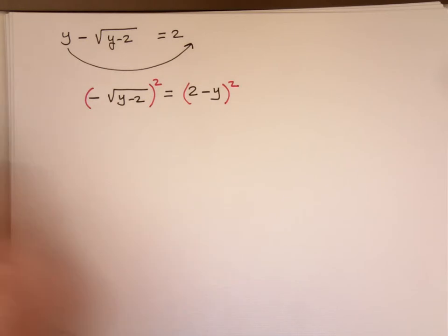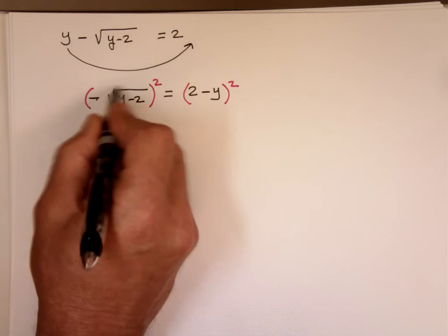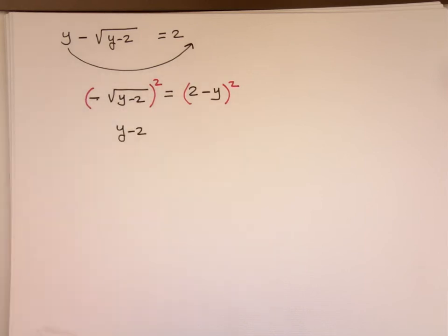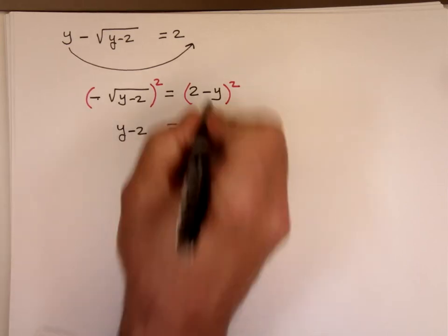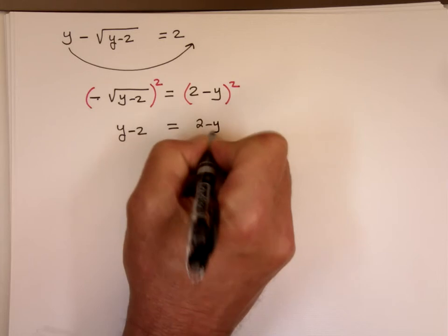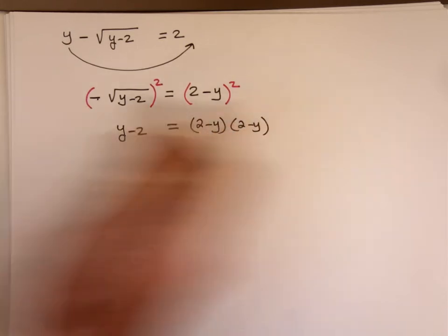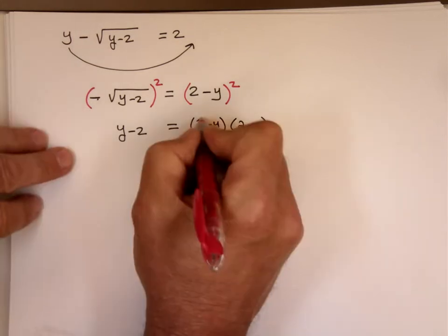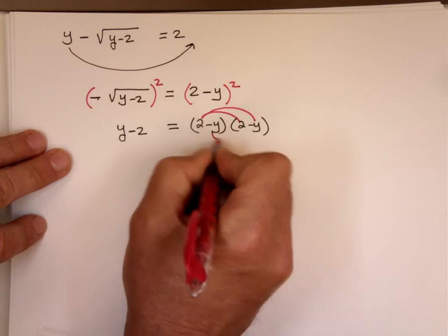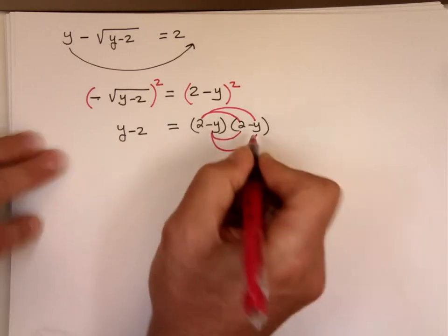Now when you square this one, the minus becomes a plus, and the square root will disappear. So that's y minus 2. To solve this one, to square it, you're going to multiply it by itself. Remember, that's the FOIL method. So that'll be this times this, that's a 4, negative 2y, negative 2 more y, that's negative 4y, and this one plus y squared.